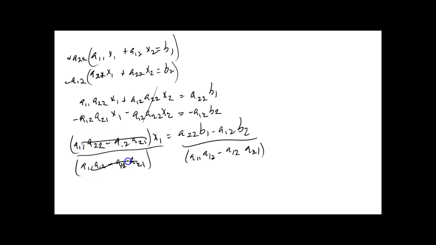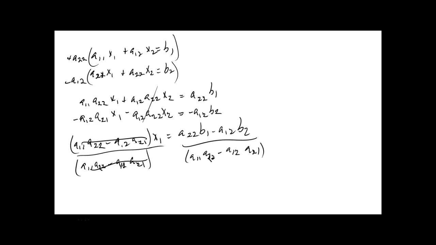Because these go away, that's what your x1 is. And that's exactly what they've got here in the book. They put the b1 in front: b1 a22 minus b2 a12 over a11 a22. Oops, I wrote a 1 rather than a 2 there, so that's a 2.